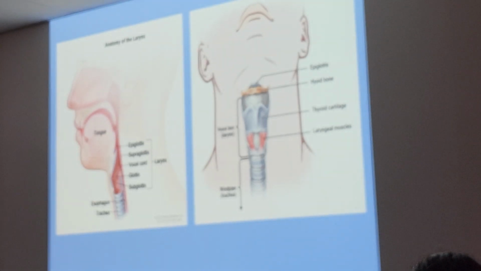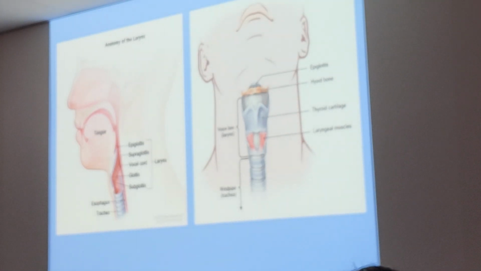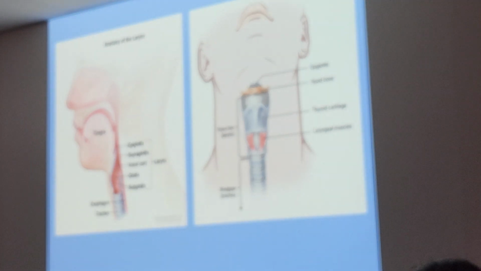Is the oropharynx and the pharynx just the pharynx? No, the pharynx has different parts. The pharynx has three parts. Nasopharynx, oropharynx, laryngopharynx. Pharynx is the general term, but the pharynx is divided into 3 subdivisions.